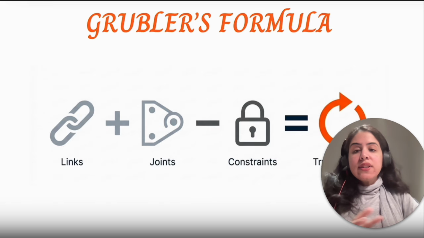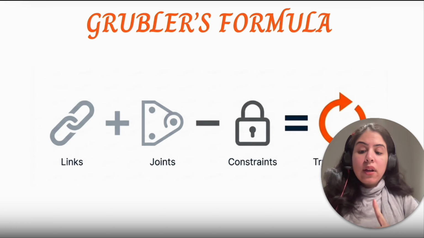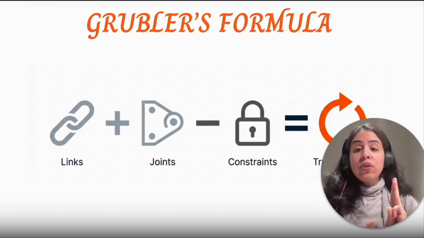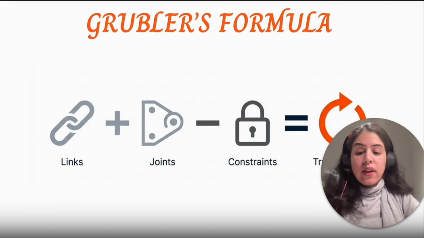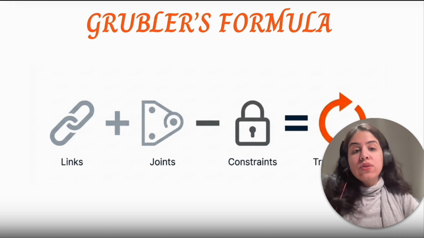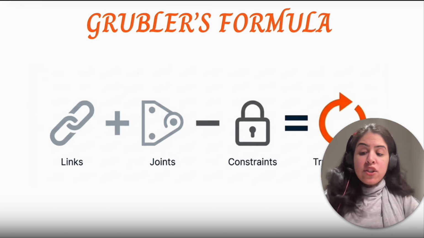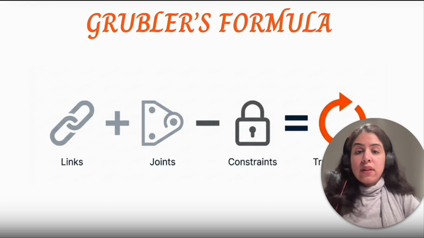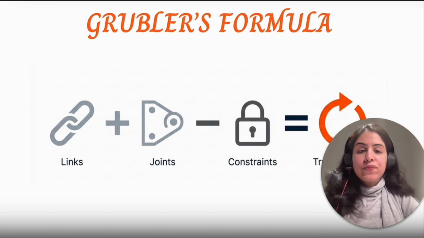At a very high level, this formula considers the number of rigid links in the system, the number of joints connecting those links, and the types of joints used, such as rotational or sliding, as well as the constraints those joints impose on the movement. The formula's job is to determine how many independent motions remain once all these constraints are applied. The final number is the robot's degrees of freedom.